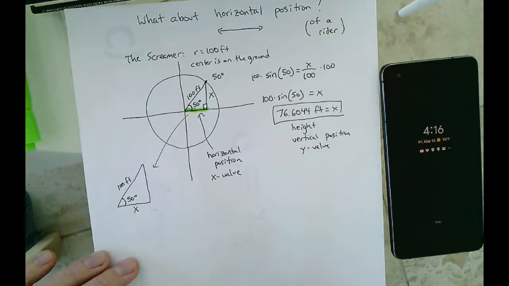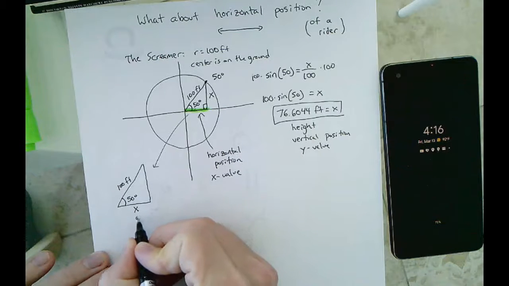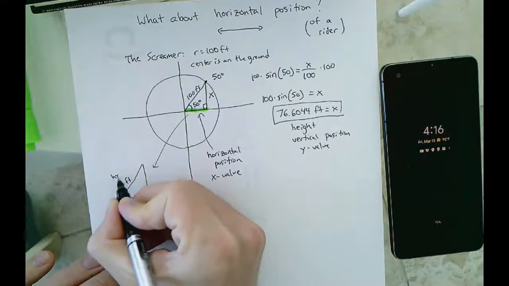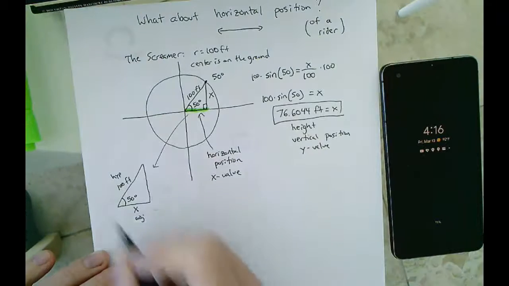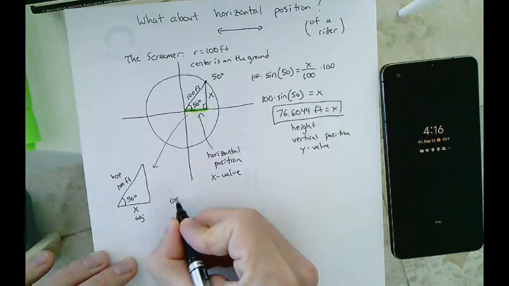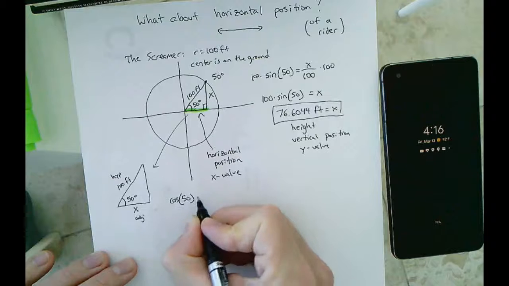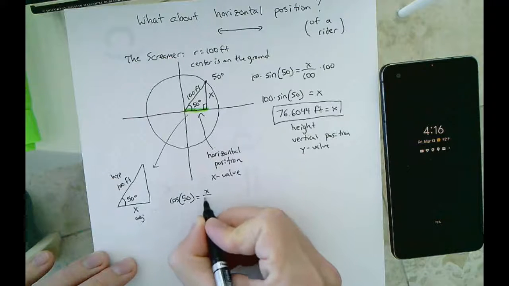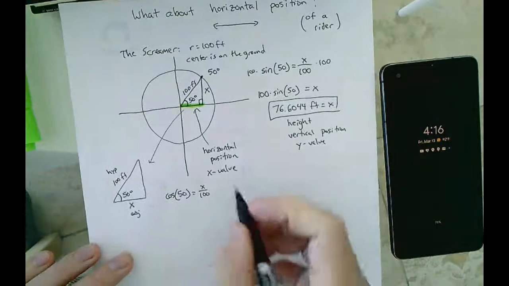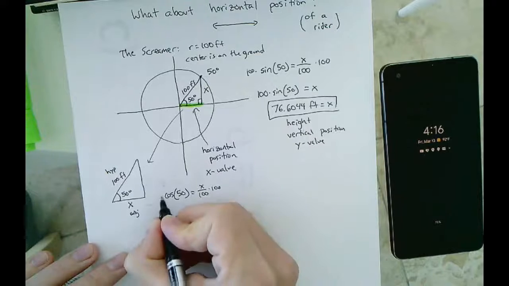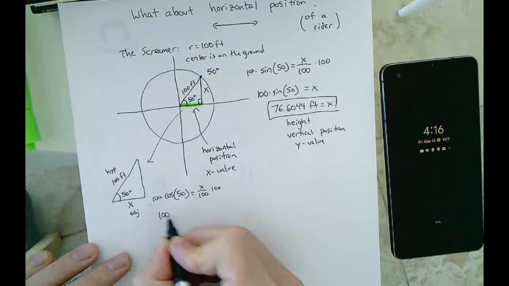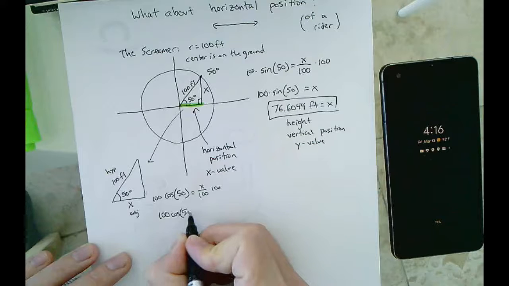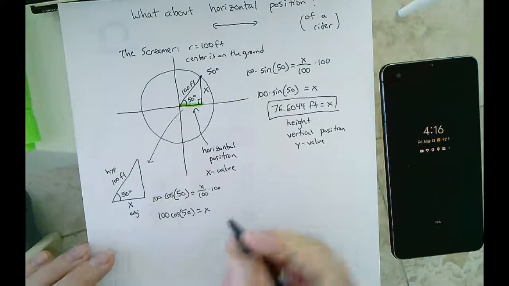Pause your video, please. And when you come back right here, well, we have our adjacent and we have our hypotenuse. So we know that we're going to use cosine right here. So cosine of 50 degrees is equal to x over 100. So when we multiply by 100 on both sides, we have 100 cosine of 50 degrees is equal to our x. I don't know what that is off the top of my head.